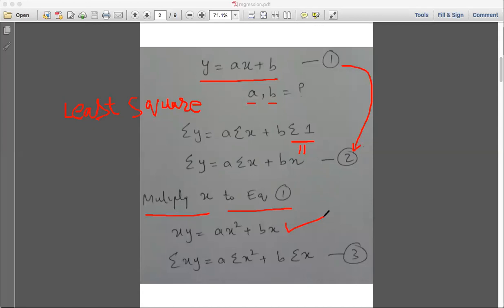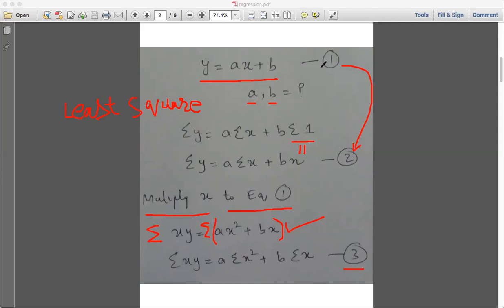Now again take the summation of this equation, summation of this and summation of this one. So on the left hand side it will become summation xy, is equal to a, which is a constant, summation x square plus b summation x, and we will say this is equation 3.